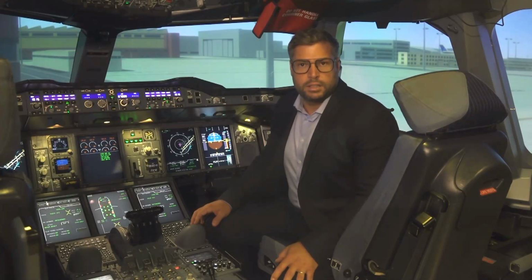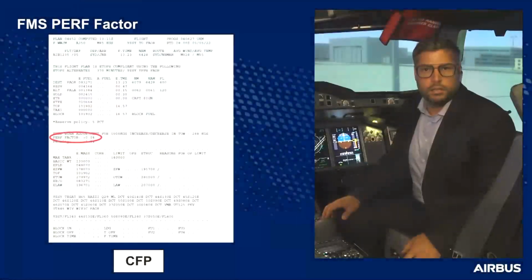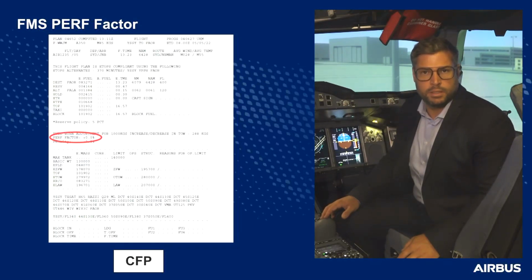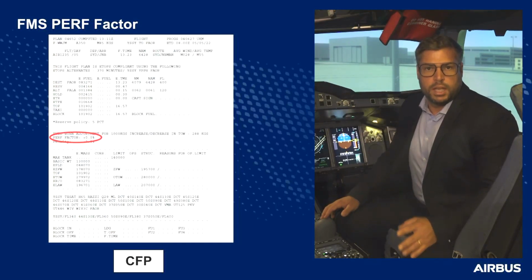A good practice is to take a look at the computerized flight plan, CFP. The FMS PERF factor may be indicated in the CFP, and if it is not the case, the FMS PERF factor should be similar when compared to the CFP PERF factor, even if it's normal that they are not exactly equal.